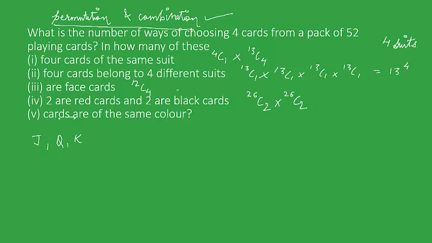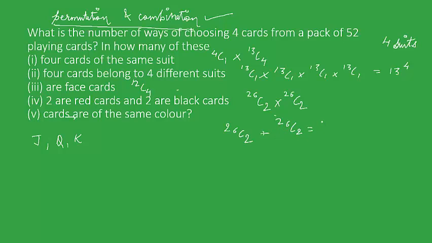The last one, the fifth one, is cards of the same color. Let's say we have to choose black cards. We have a choice from 26 cards, and we have to choose 2 cards. Similarly, if we want to choose red cards, we have a choice from 26C2. Again, we have 26 red cards and we choose 2 from them.